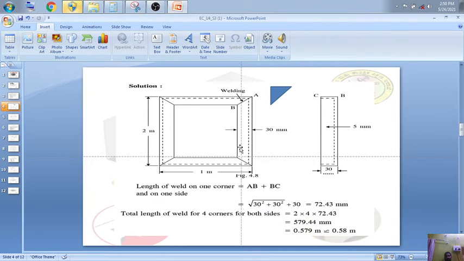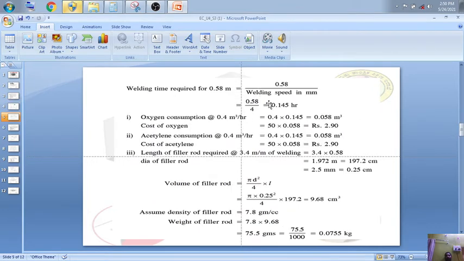So 0.58 divided by 4, that will give you 0.145 hour required for welding 0.58 meter. In 1 hour we can weld 4 meter, but our welding is only 0.58 meter. We require less than 1 hour, that is 0.145 hour of time required for welding.